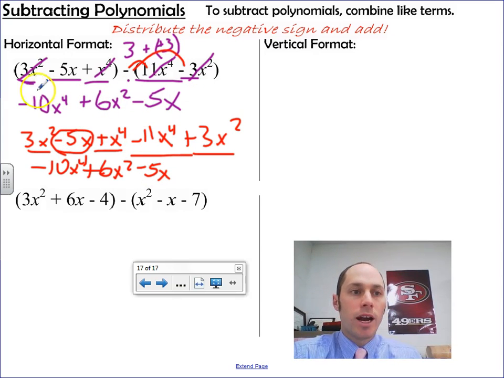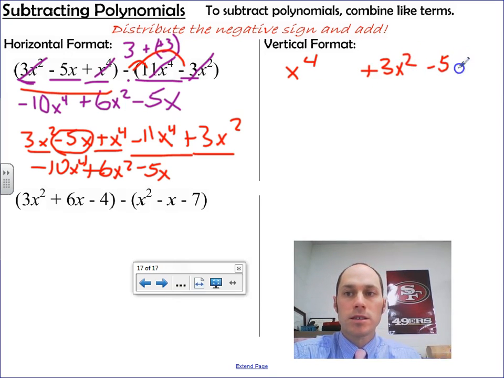Vertically, we'll do the same thing. We'll line up our first term, put it in order, x to the fourth, leave a blank, plus 3x squared and minus 5x. And we're going to subtract. Then we have 11x to the fourth and negative 3x squared.